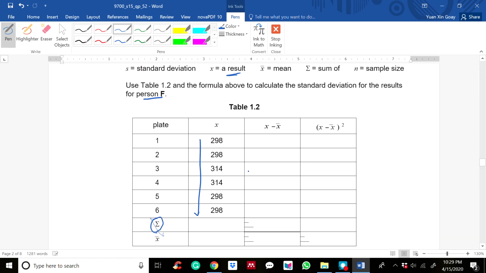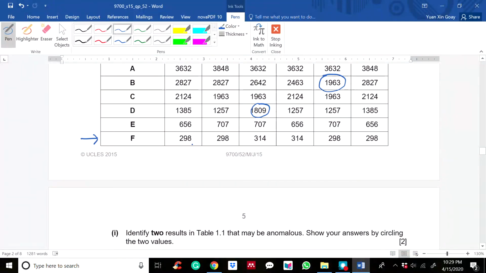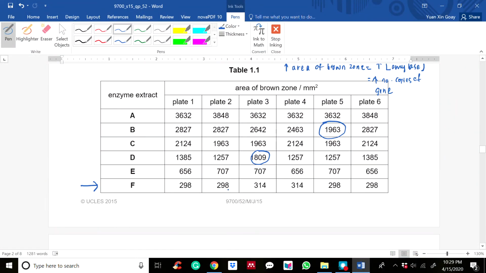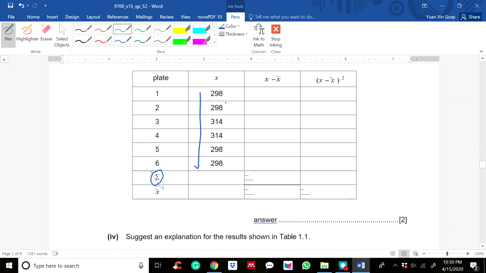Now all these x values just come from here. So you have 298 for plate 1 and 2, 314 for plates 3 and 4, 298 for plate 5, and so on for plate 6. If you sum all these values, it will be 1820.